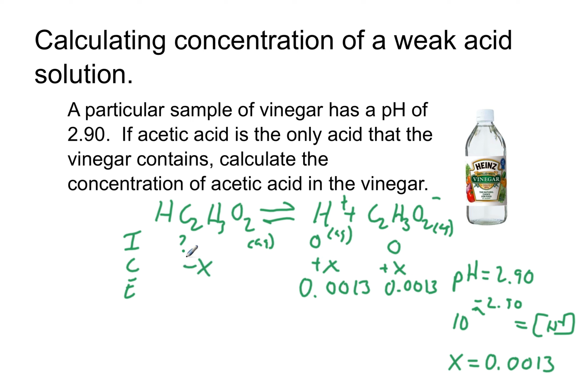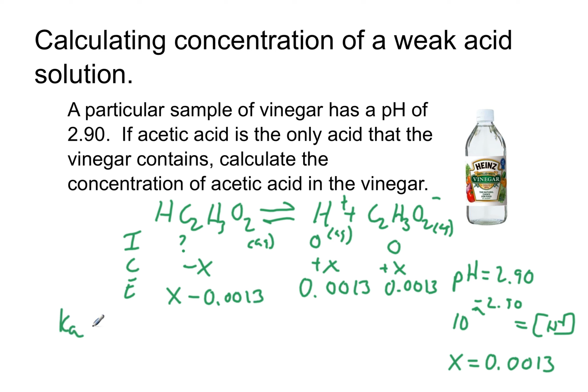Now, the challenge here is that at equilibrium, I've got some unknown value minus X, but I know what my X value is here. So I probably should have called this Y. It would make it easier, but this value is really going to be our X value that we want to know minus 0.0013. Okay? Now, all of that's going to be equal to the Ka.